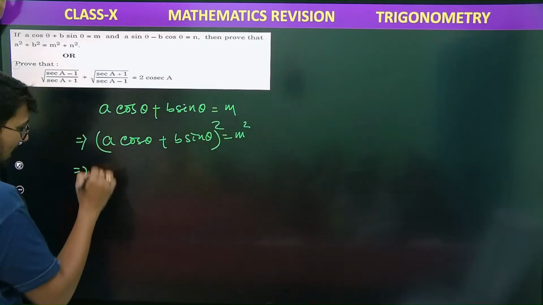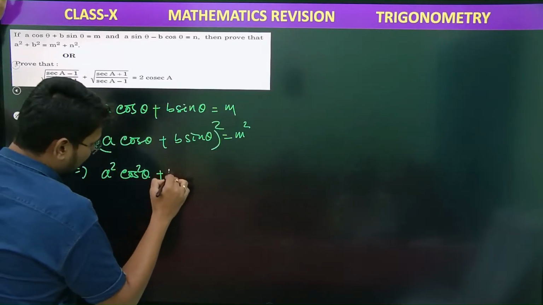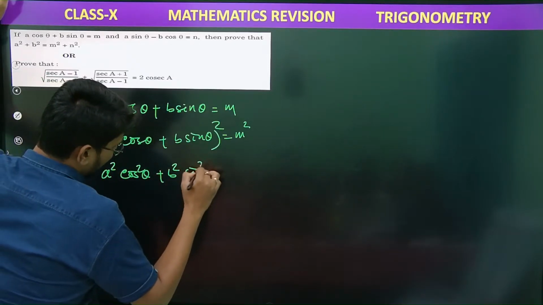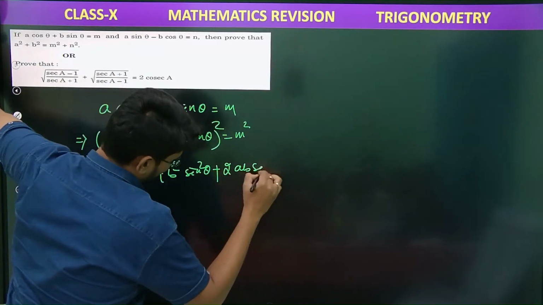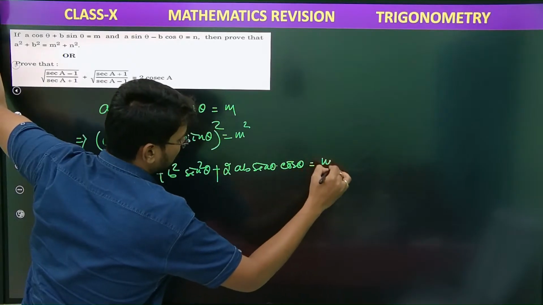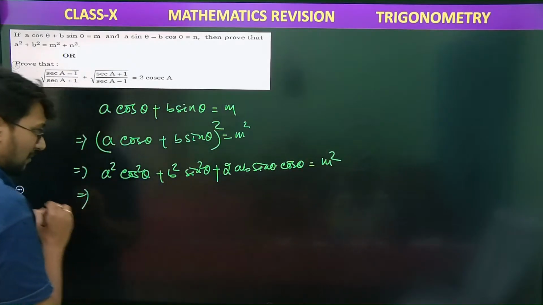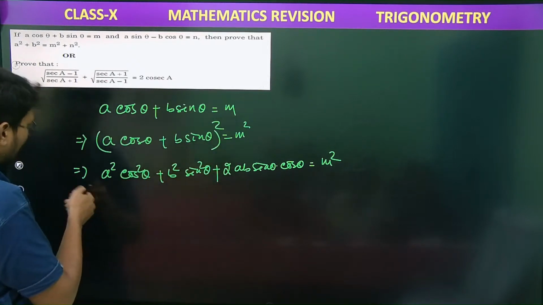So the answer is A square cos square theta plus B square sin square theta plus 2AB sin theta into cos theta equals M square.